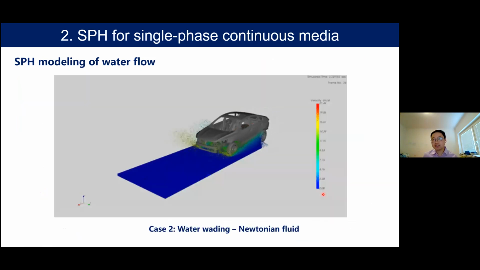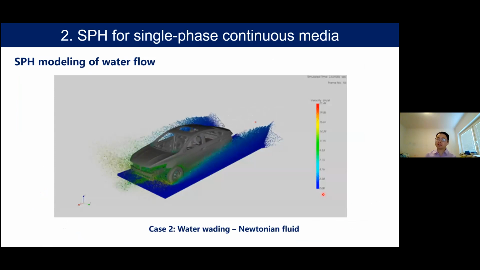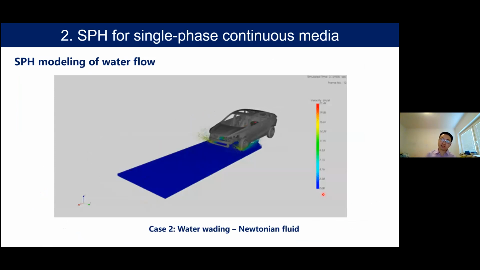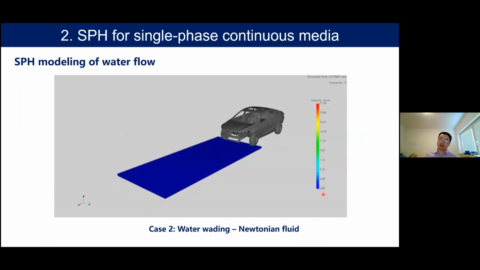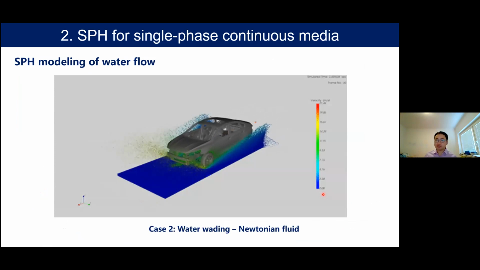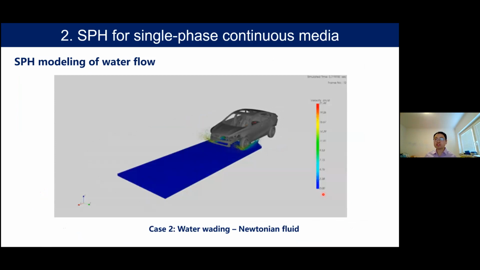And the second application case for water flow is water wading. Because I worked in industry, and this kind of problem has a very fragile free surface, it is very difficult to model using traditional methods. So we use SPH to model this problem of water wading.